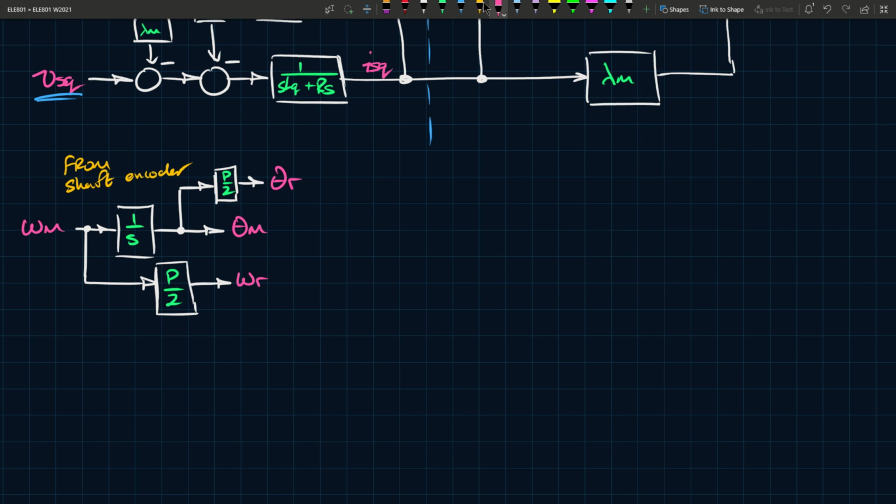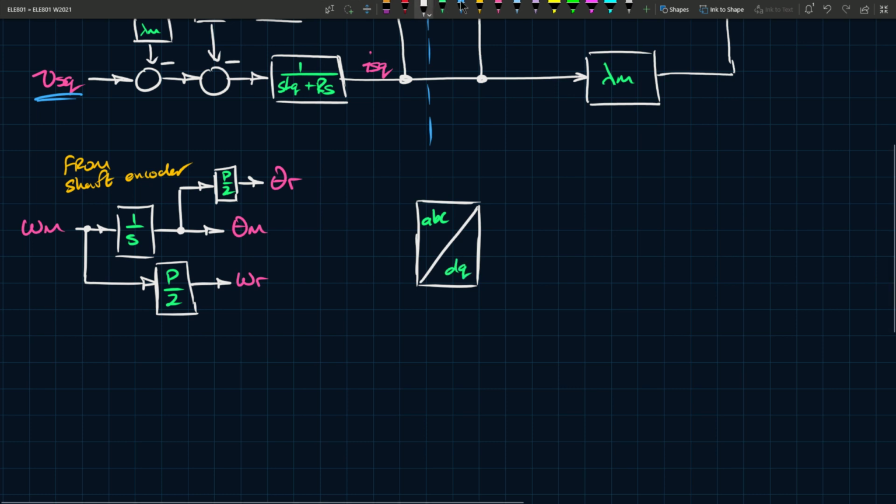Now, why is this useful? Well, omega r might be useful for some calculations at some point, but these angles are actually important for the ABC to DQ frame conversion that we do, and sometimes you hear that called the Park transform or the inverse Park transform, depending on which way you're going. We'll just call it ABC to DQ.